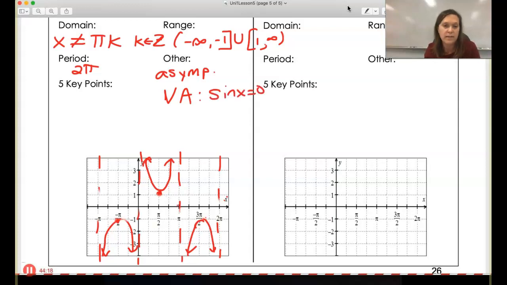Really, right? So whenever sine of x was at 0, that's when our vertical asymptote is. Are we symmetric to the origin? Yeah, I'd say we're odd. And discontinuous.